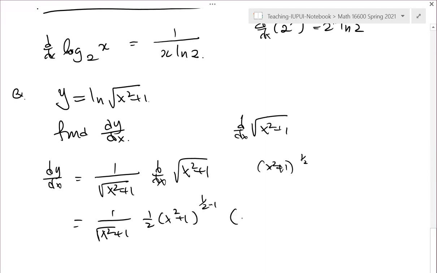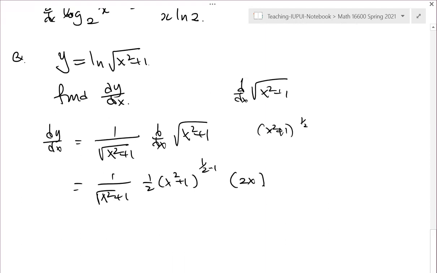Then you differentiate inside, it's going to be 2x, right? So step by step, you get 1/2, and this becomes 1 over square root of x squared plus 1. Combine with the one in front, then you get this. Finally, the 2 cancels out, you get x over x squared plus 1.